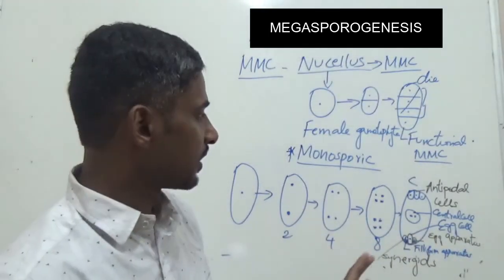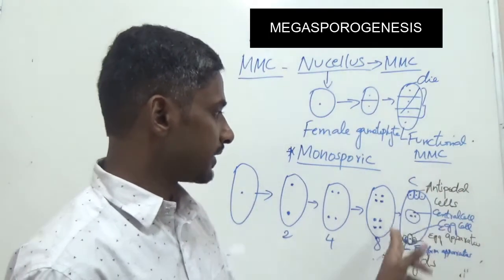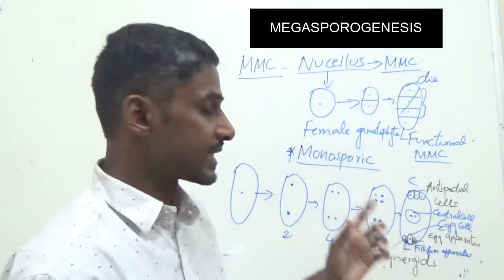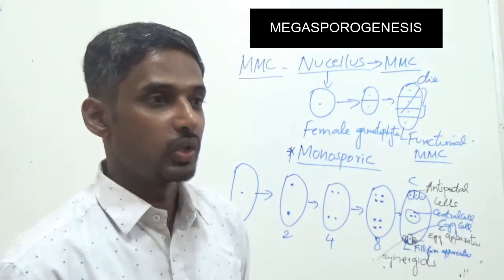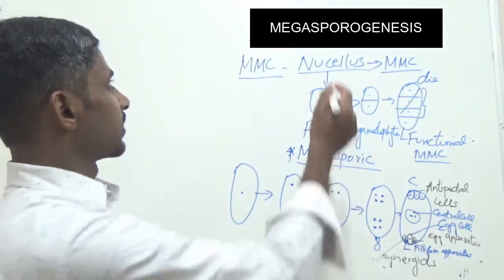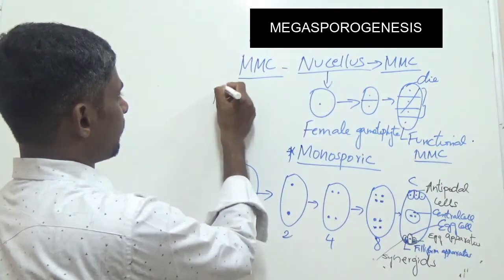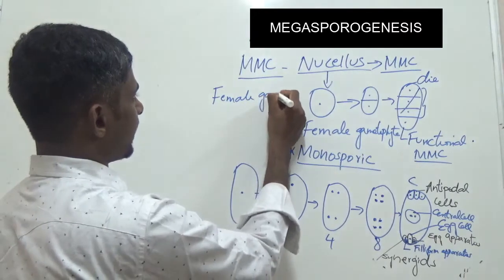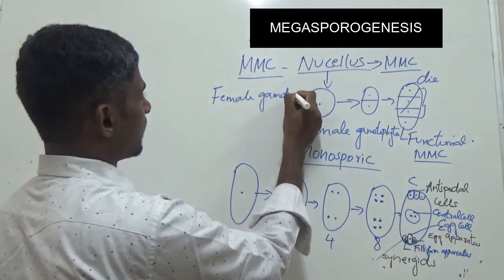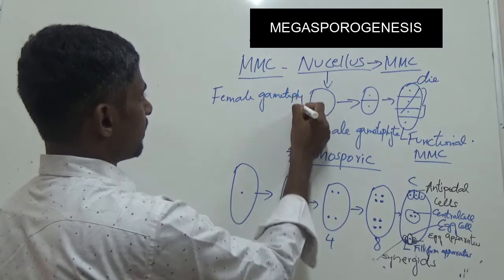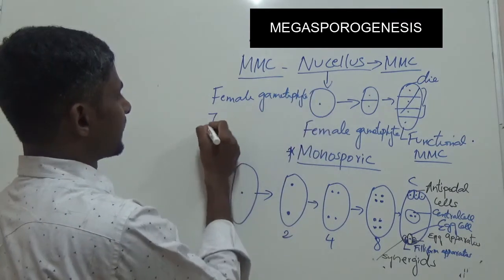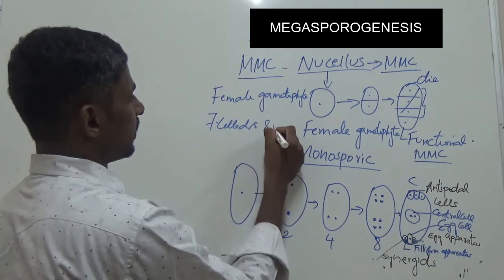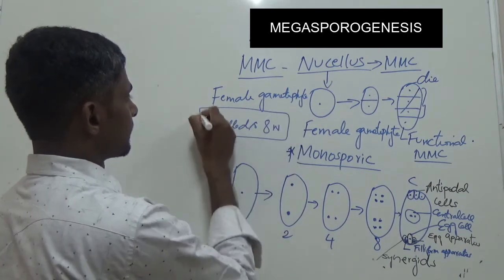And thus this entire thing is called the embryo sac, and this embryo sac, the female gametophyte, is 7-celled and 8 nucleate. So you should remember this.